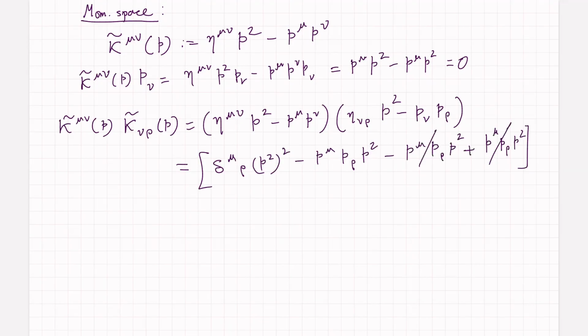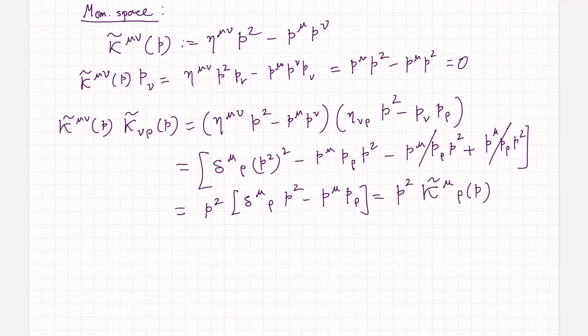So we can cancel one of these, and we can take a factor of p squared out. This is delta mu rho p squared minus p mu p rho, which is nothing but p squared times the same operator. So this short calculation just shows us that if you multiply k tilde with itself, they behave like a projector operator. Applying them twice is basically just applying them once.